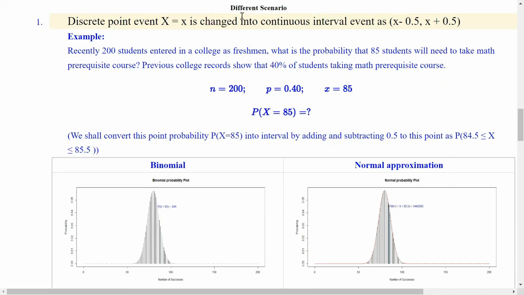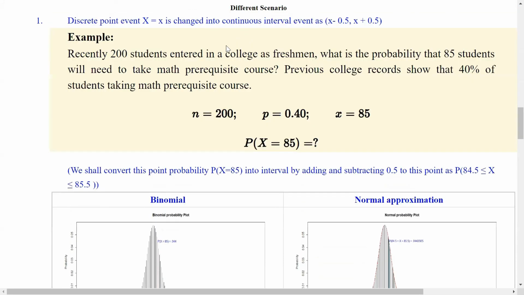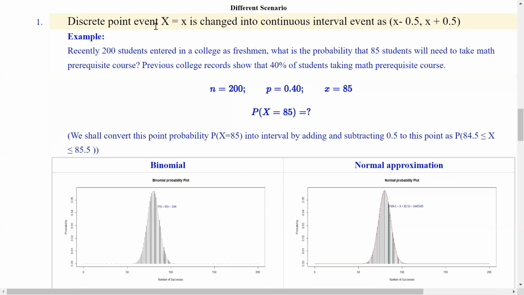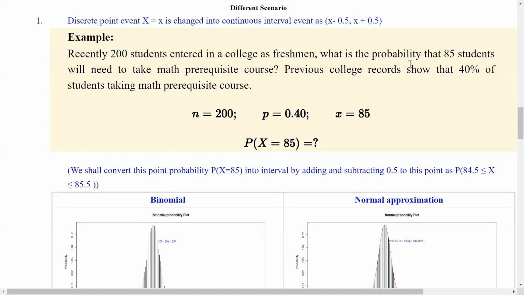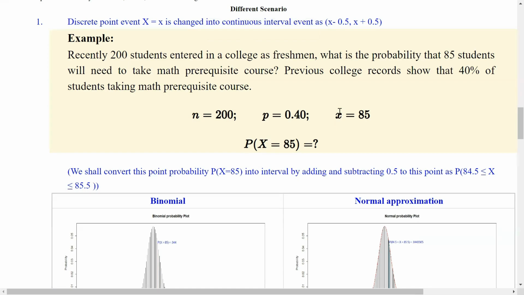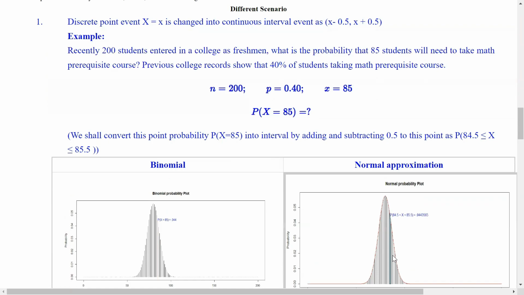Let's discuss with examples the different scenarios that we may come across in the process of approximation. First, the approximation of a discrete point into a continuous interval. Consider this example: 85 students out of 200 need to take a math prerequisite course.